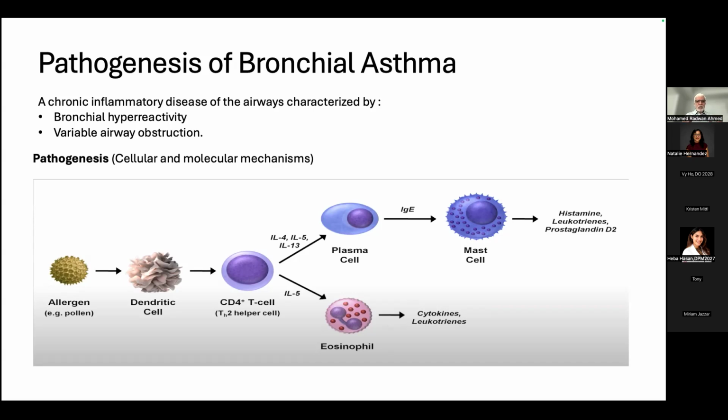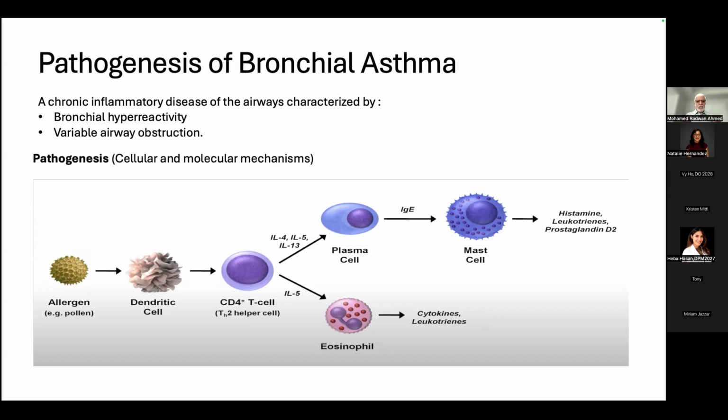So those plasma cells produce antibodies. One of them is IgE, and the IgE interacts with the mast cells, which are the inhabitants of the airway here. And those mast cells start to degranulate, and these granules contain histamine, leukotrienes, prostaglandins.